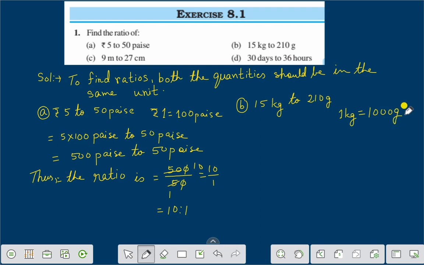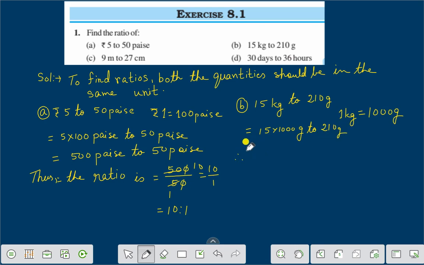We change both the quantities into the same unit, right? Therefore, we change kg into gram. That is 15 into 1000 gram to 210 gram, right?